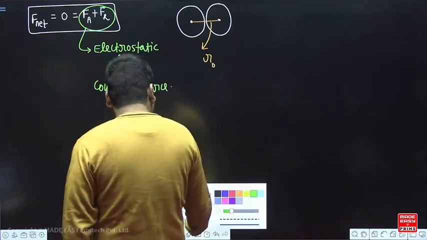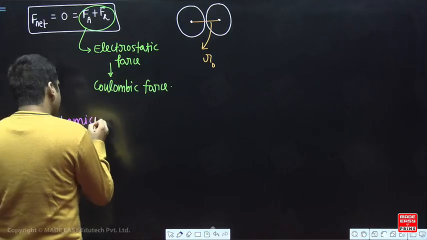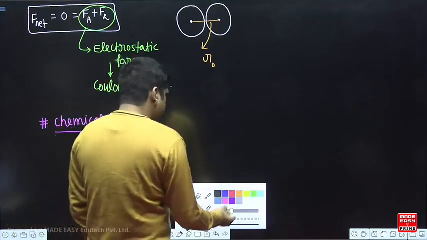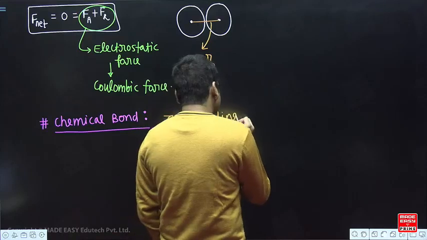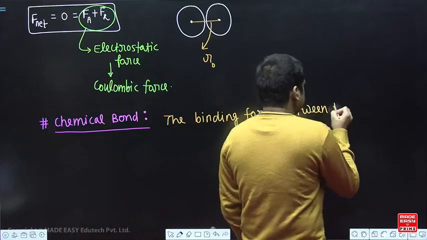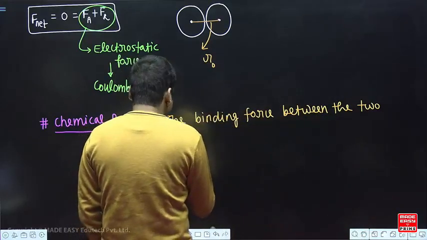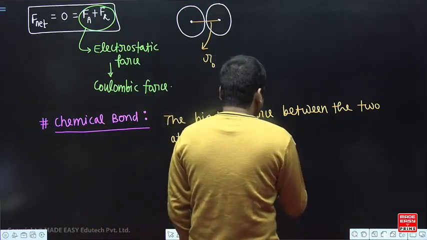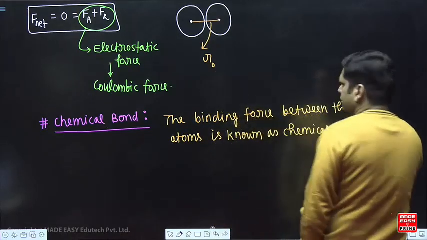So now we can define chemical bond properly, and that definition is: the binding force between the two atoms is known as chemical bond, right?